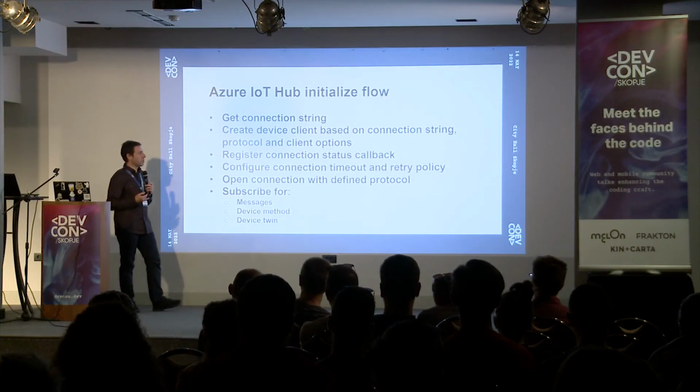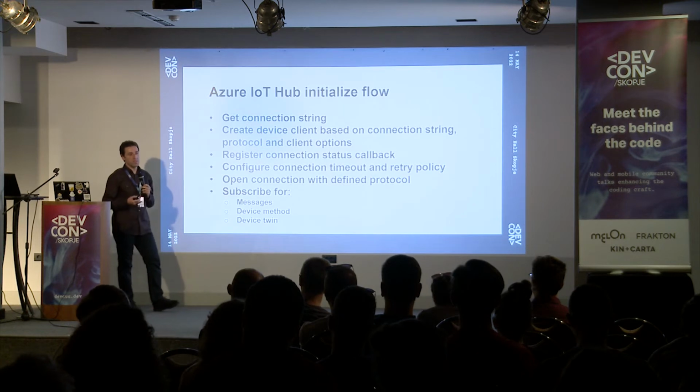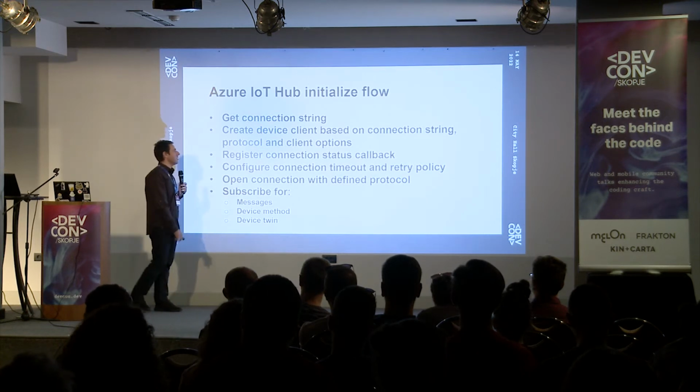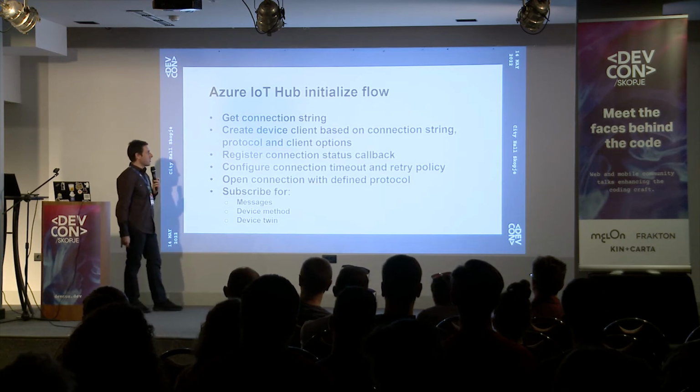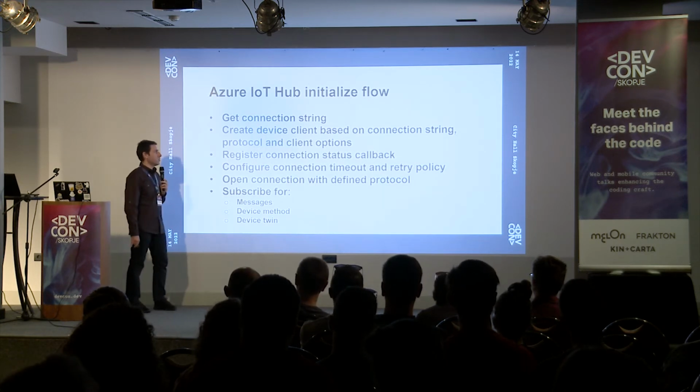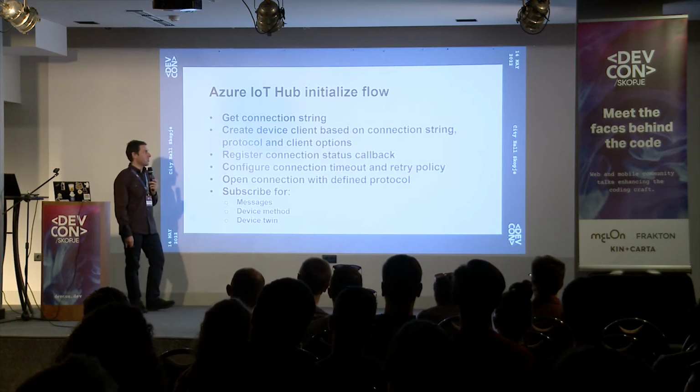This is the connection flow that we must perform at the beginning. I would not use any code to present here because it's pretty much the same, but the naming of the APIs is quite different. One of the most important pieces of information that we must have before establishing the connection is a connection string.